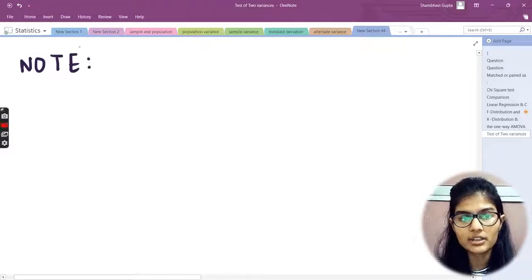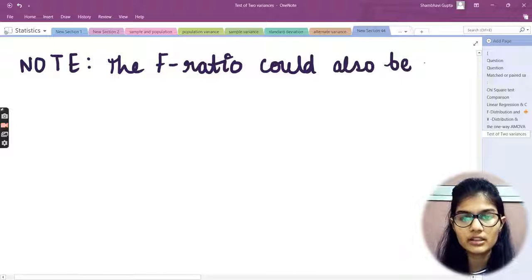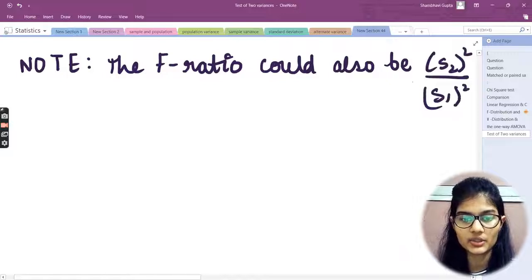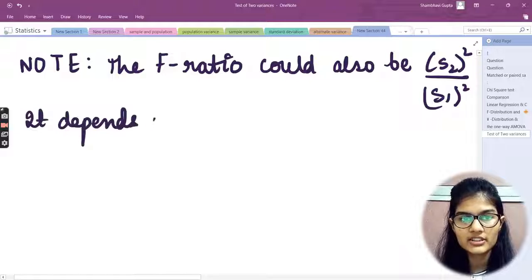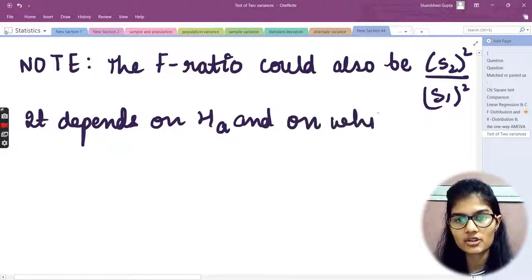Note: here we have that the F ratio could also be S2 whole square divided by S1 whole square.